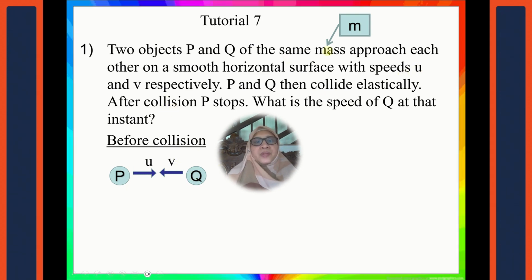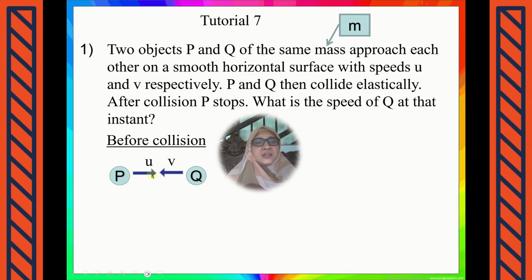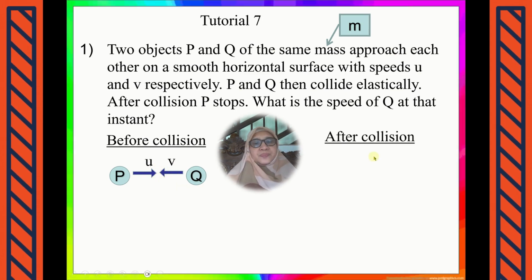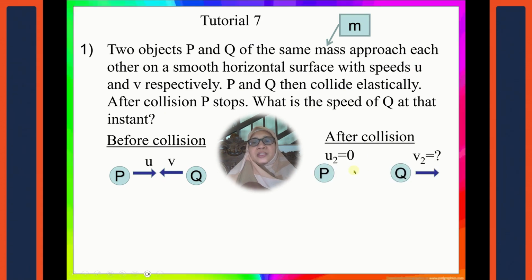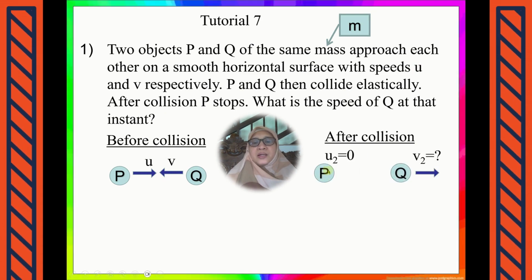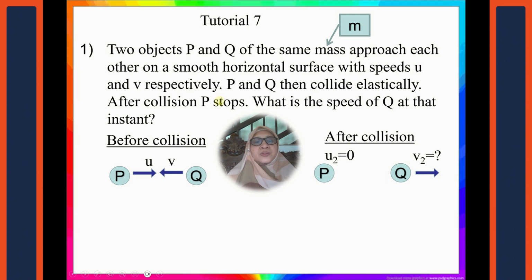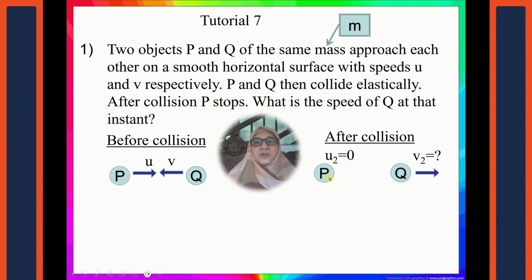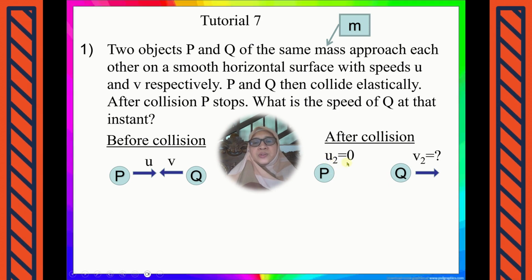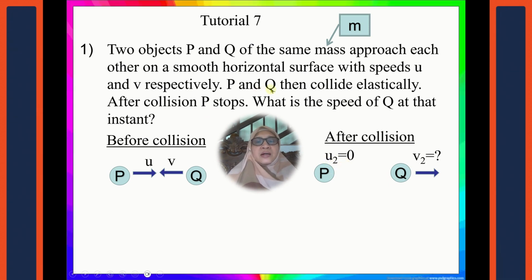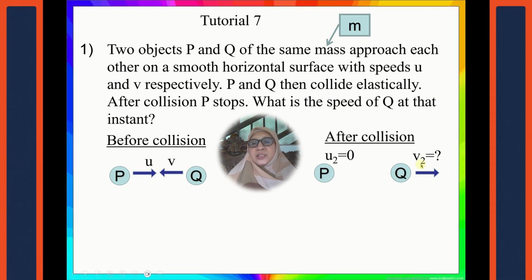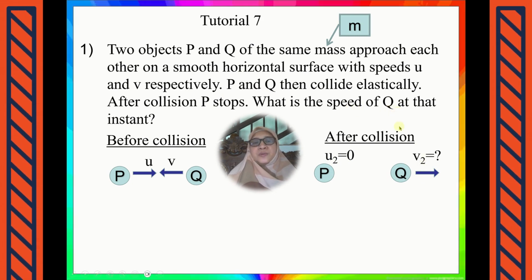They approach each other, so we can illustrate it like this. Then after collision, P stops, so we name the speed of P after collision as u2, where u2 is 0, and Q moves with speed, let's say v2. This is what we are going to find, the speed of Q.